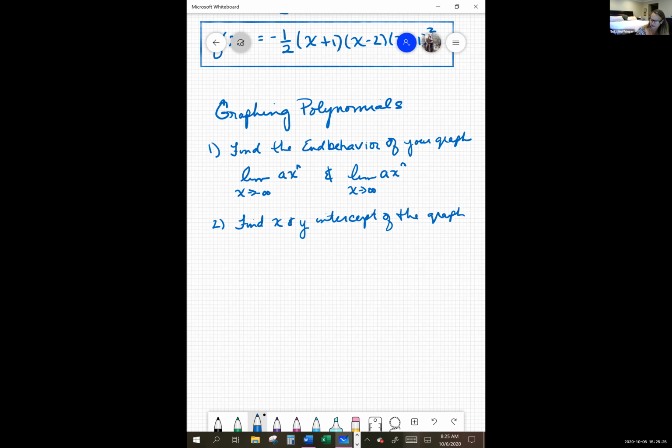So find the x-intercepts and determine if the graph touches or crosses the x-axis.